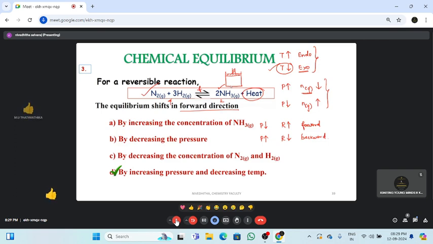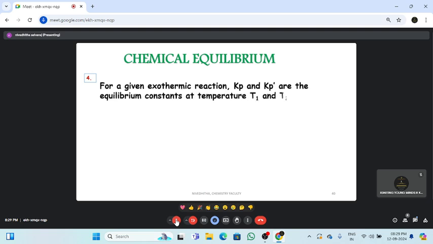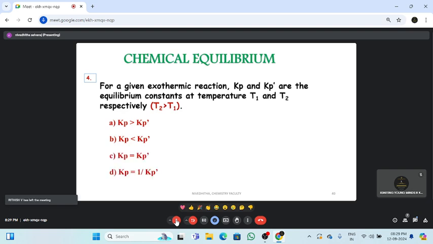Fine. Now we'll move on to the next question. For a given exothermic reaction, Kp and Kp prime are the equilibrium constants at temperatures T1 and T2 respectively. T2 is greater than T1.